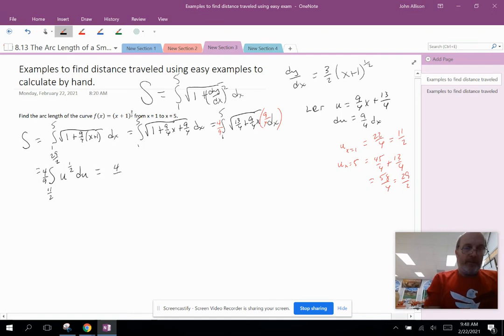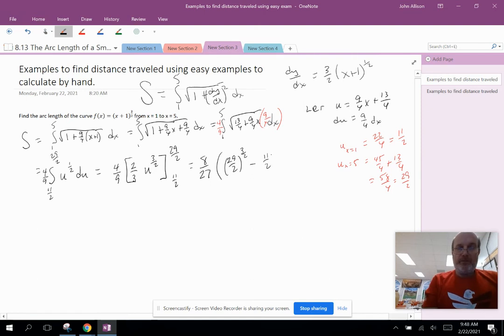When we integrate that, we get 4/9 times, the new exponent is going to be 3 halves, so we divide by that, getting 2/3 times u to the 3 halves. And that's going to be evaluated from 11 halves to 29 halves, which is going to be, I can pull the constant out front, 8/27 times 29 halves raised to the 3 halves power minus 11 halves raised to the 3 halves power.